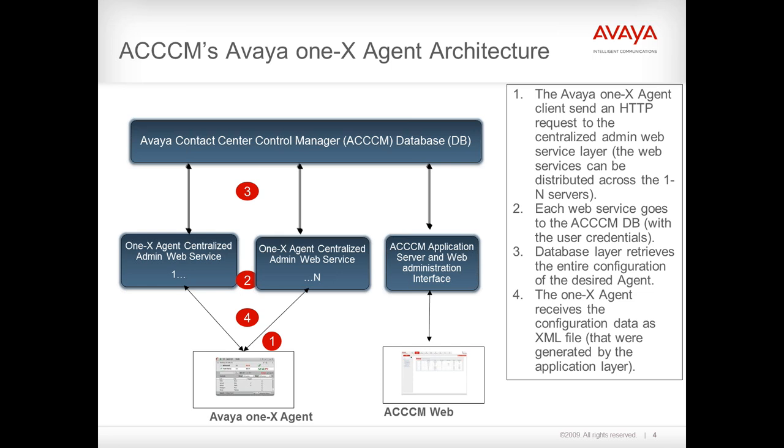We'll parse it into an XML format and send that XML file, which contains the user profile and user settings, back to the web service, and from the web service down to the agent workstation. So for every login in 1X, ACCCM will push an XML file with all of your agent configuration to the local PC.